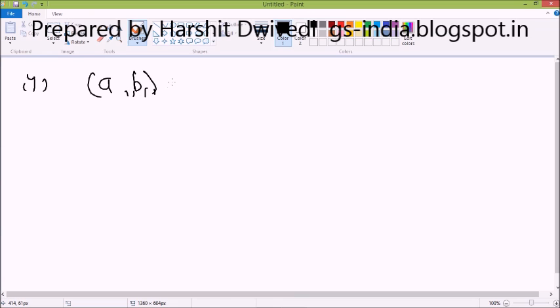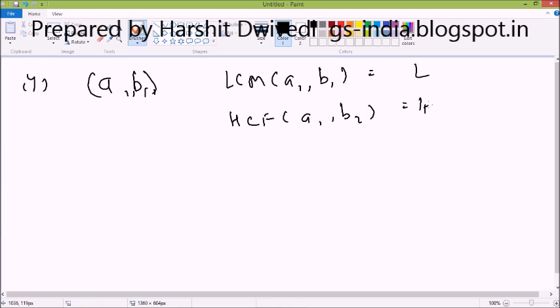Suppose the LCM of A1, B1 is L, and the HCF of A1, B1 is H. So kindly remember that the product of A1 and B1 will be the product of LCM and HCF.